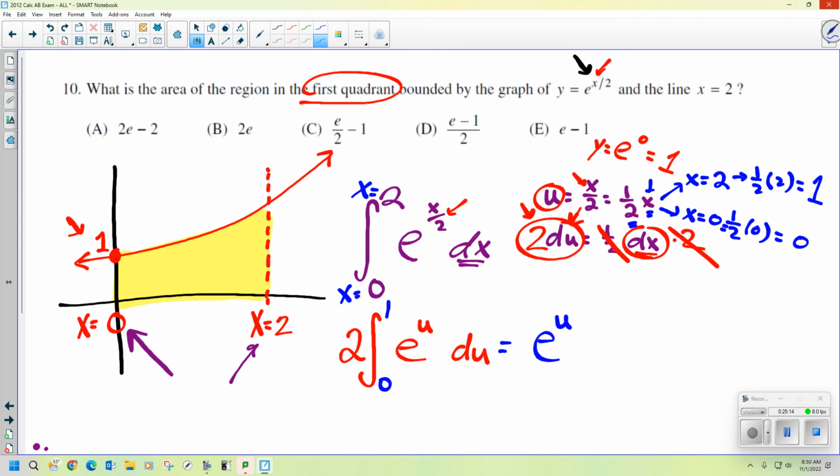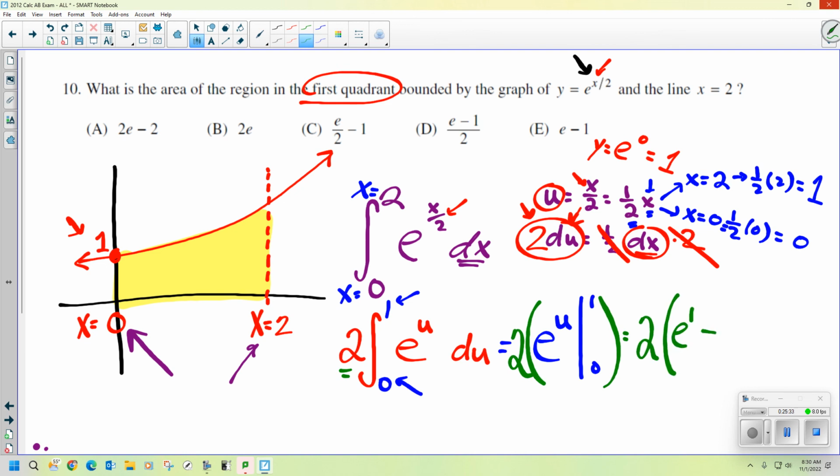I do not need to write a plus c because I have bounds. I want this from 0 to 1, and oh, by the way, you still got to multiply this times 2. So I've got 2, put in my upper bound, e to the 1, minus, put in my lower bound, e to the 0.